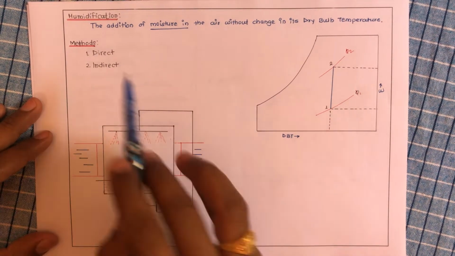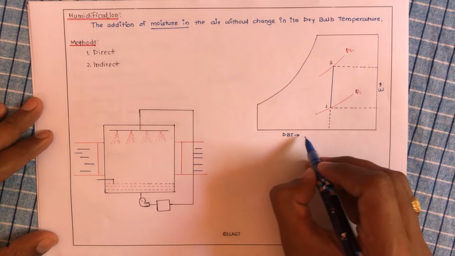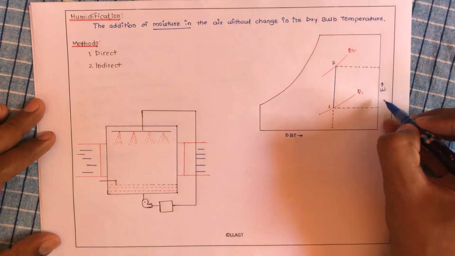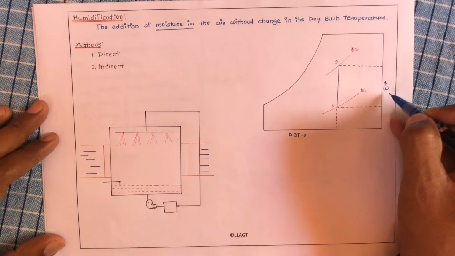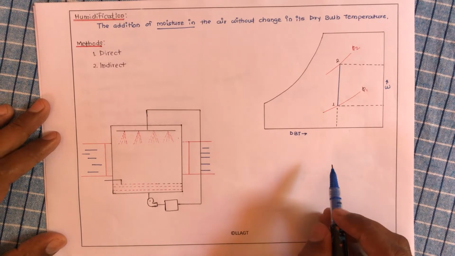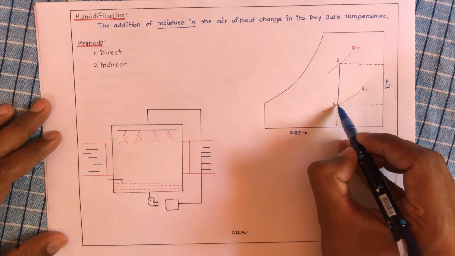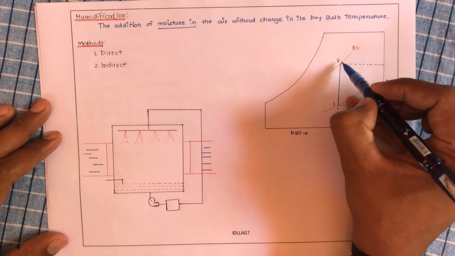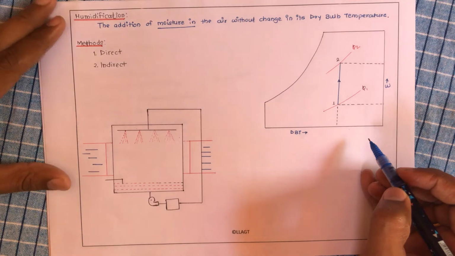Now let us plot this humidification process on this psychrometric chart. The x-axis represents the dry bulb temperature, and the y-axis represents the specific humidity or humidity ratio. During humidification, what we are going to do? We are going to add the moisture. This is your point number 1, and here we are getting point number 2 as a result of addition of moisture.